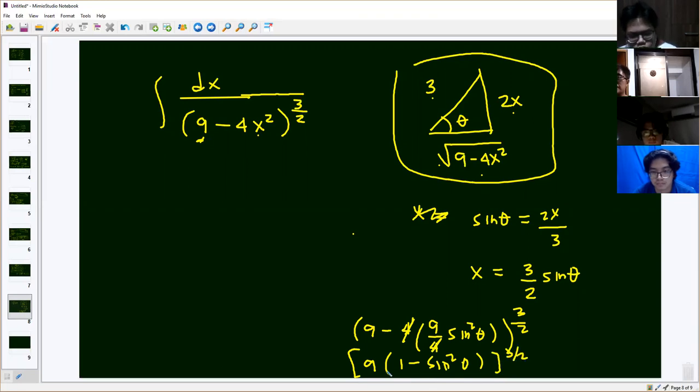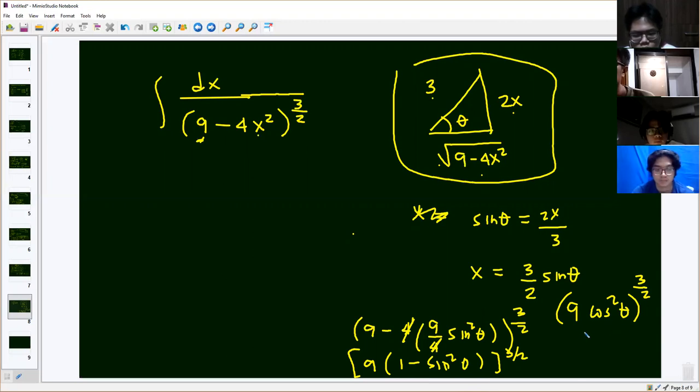So, tell me the 1 minus sine squared, you know, is cosine squared, right? So, sige, ayusin pa natin yan. That's 9 cosine squared. And then to the 3 halves, guys. To the 3 halves means square root mo, tas times mo sa sarili niya. Right? So, ano mangyayari? Ano ang square root ng 9 cos squared?